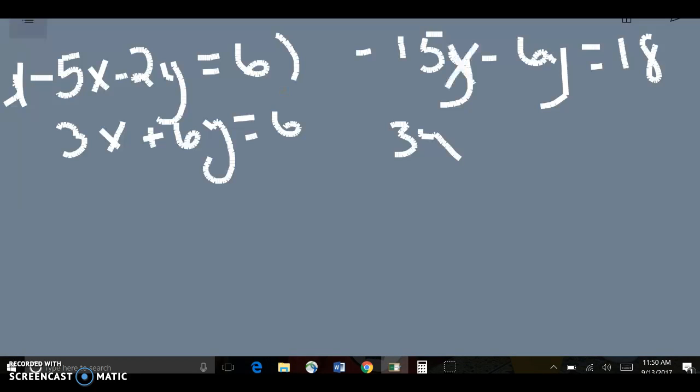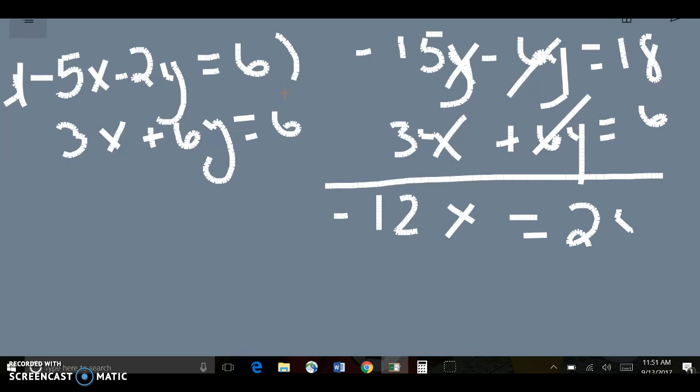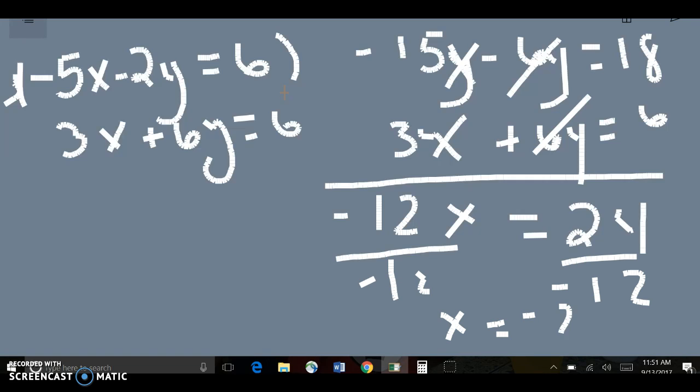Oops, this is an x, I'm sorry. Okay, so I can go ahead and solve this now. I know the y terms are going to cancel out. That's the whole point. I wanted them to cancel out. And I'm left with negative 12x equals 24. Divide both sides by negative 12, excuse me. x equals negative 2.